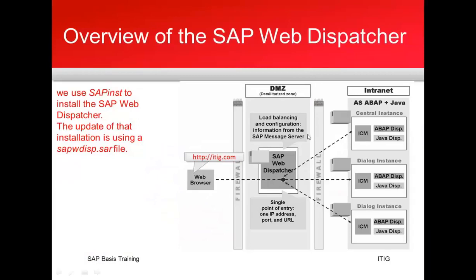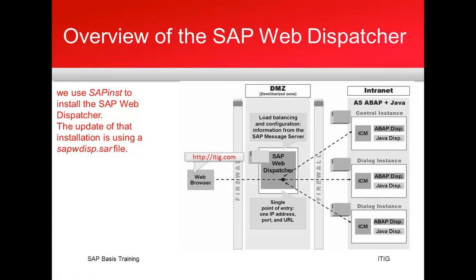So here you can see the location where the SAP web dispatcher is normally placed. Here you have a demilitarized zone. If you are familiar with the architecture of a system, when a user comes from the internet, it will pass through a zone called the demilitarized zone.